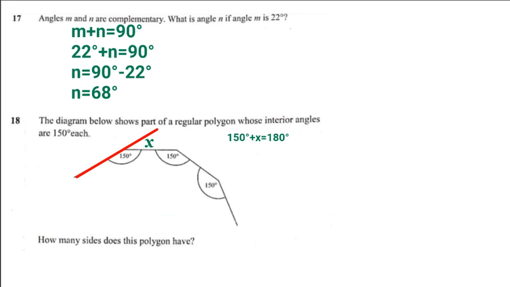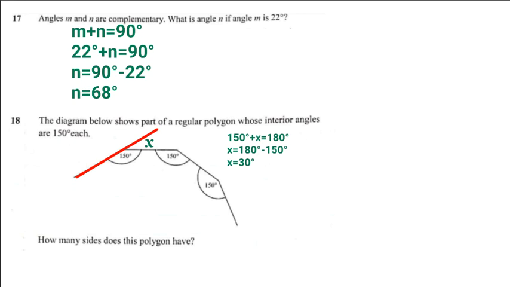We put like terms together, so X is equal to 180, then 150 will cross the equal sign and become minus 150 degrees. The difference of 180 degrees and 150 degrees is 30 degrees. So the value of X is 30 degrees. That is the value of the exterior angle.